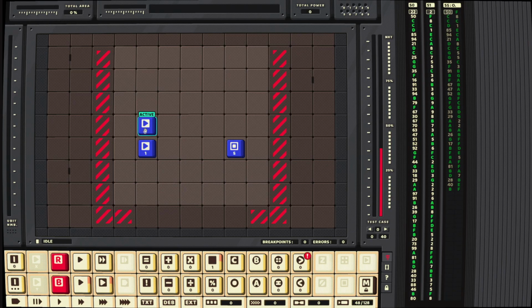Which means I can afford to duplicate each of my signals so that they each have a copy of them to trigger sensors for them, right?